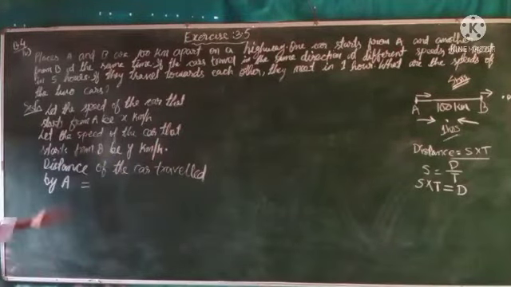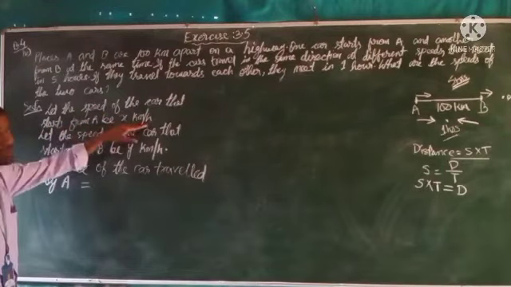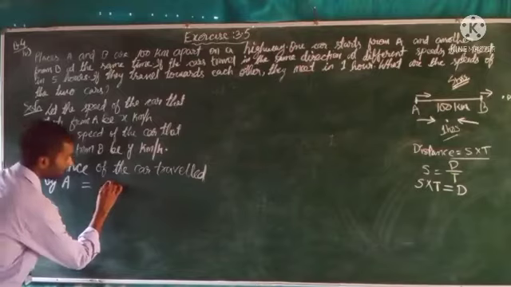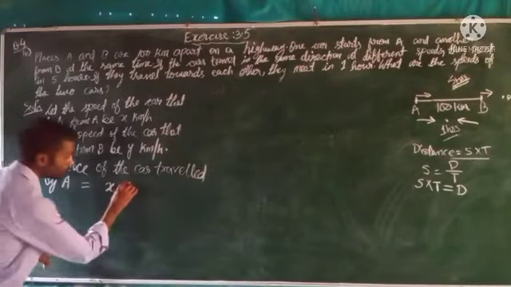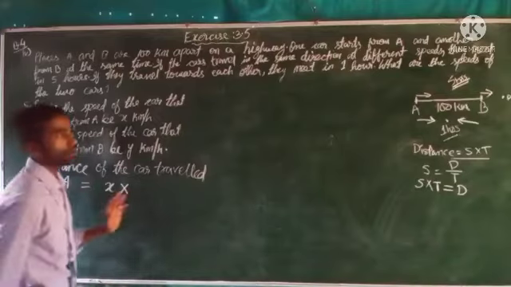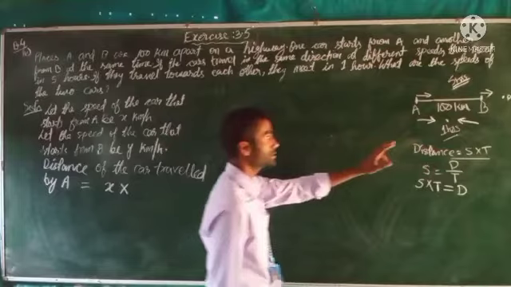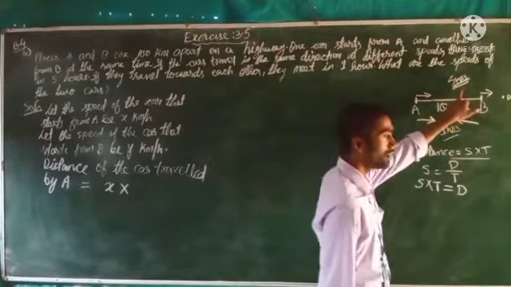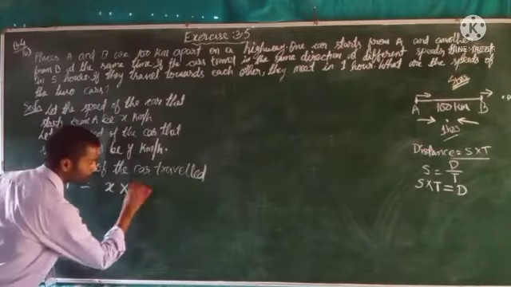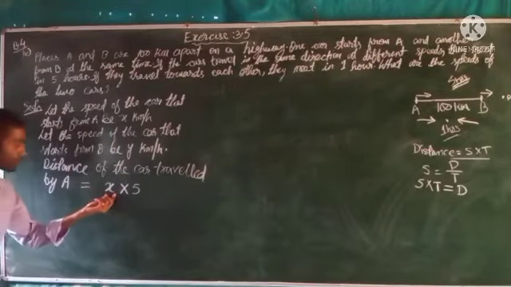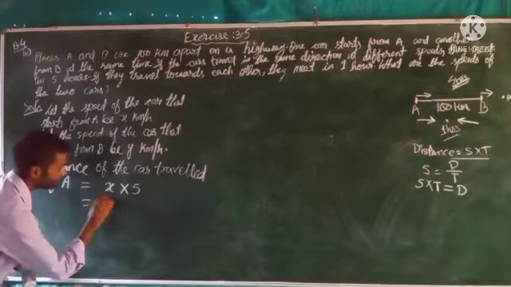The speed of the first car that starts from A is x kilometer per hour, so x is the speed into time. In the first condition, the time taken is 5 hours. So it will be x into 5, the speed of the car into the time taken. So we get 5x.